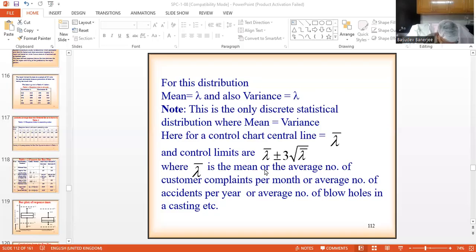Up to 2, what is the area? Sir, 0.9772. Very good, 9772. So what is the area to the right of that?